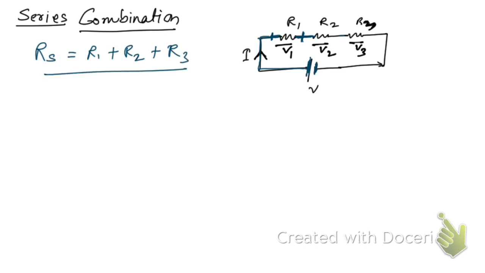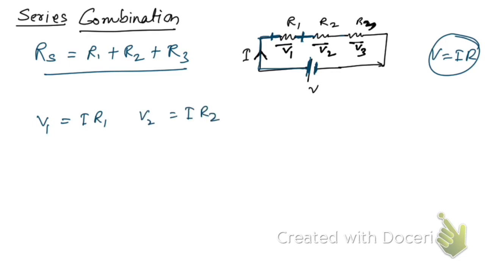So let me show you how. The potential difference across R1 is V1. According to Ohm's law, V is equal to IR. So V1 is equal to I R1. Similarly V2 is equal to I R2, and V3 is equal to I R3.